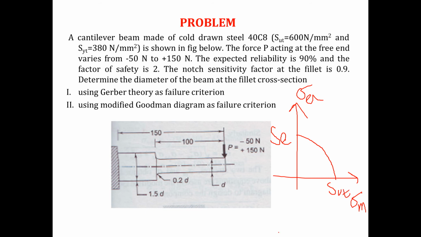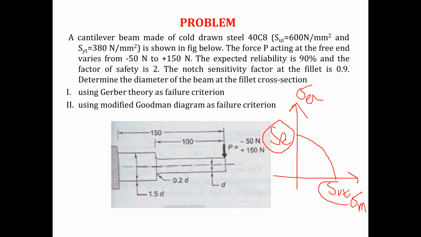If you see this diagram carefully, there is a term called SE. SE is nothing but the endurance limit of this particular beam. So before finding the diameter of the beam, firstly I need to find this endurance limit SE, because SUT is given to me in the problem.